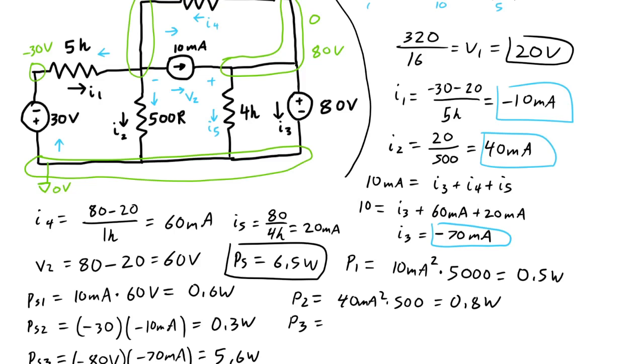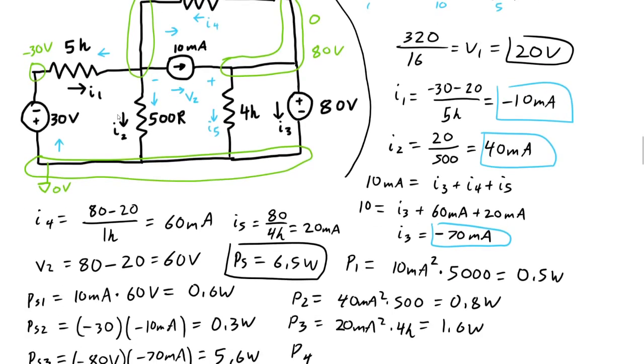So that's going to be I5, which is 20 milliamps squared times 4K. So 20 minus 3 squared times 4,000 is 1.6 watts.